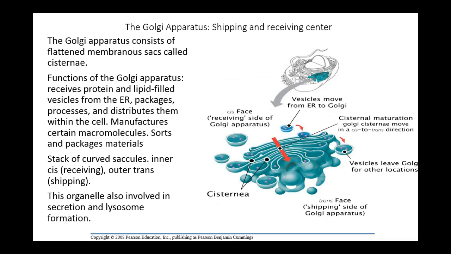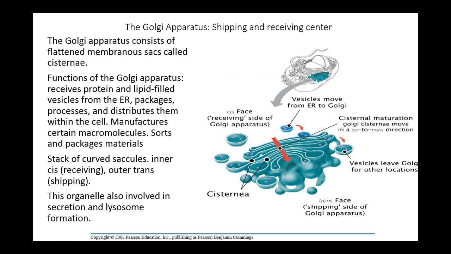So it processes them in any way that they need to be processed, and distributes them to the place where they need to go. Certain macromolecules are manufactured in the Golgi apparatus, and as I said, it sorts and packages materials.